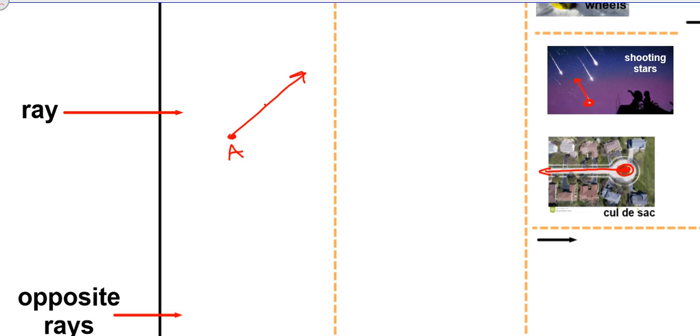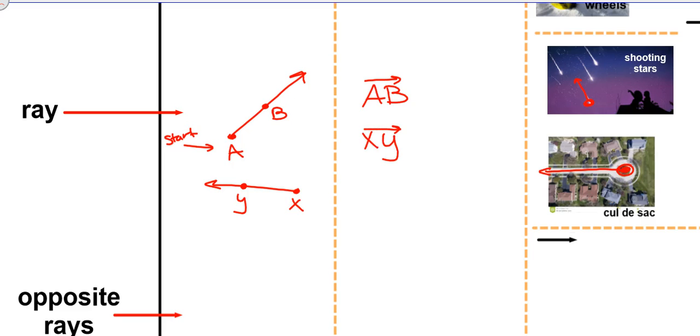So if we name this one, we have an A and a B on there. The important thing to know here is the starting point is the first letter in the name. If my ray faces in a different direction, then I still have to start on the left with the starting point.